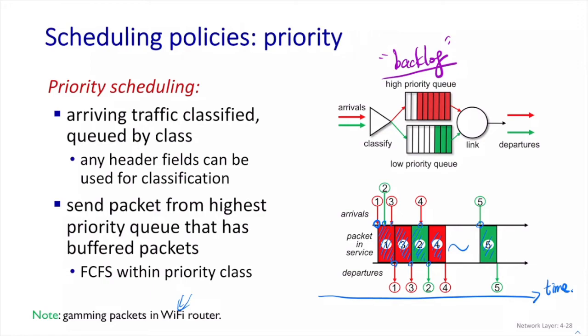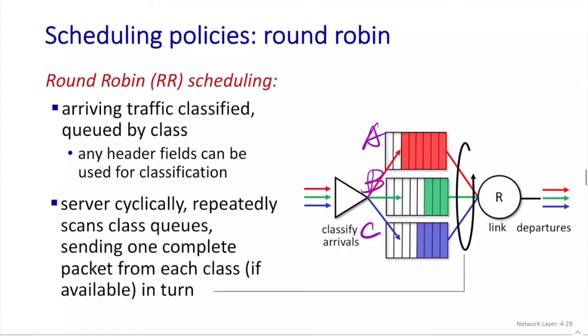Because the green packet might starve, we have several improvements like round robin. Round robin is still a very simple mechanism. For example, we have 3 queues right here: the red, green, and purple one. Round robin means you send one red packet, one green packet, and one purple packet, and so on and so forth.